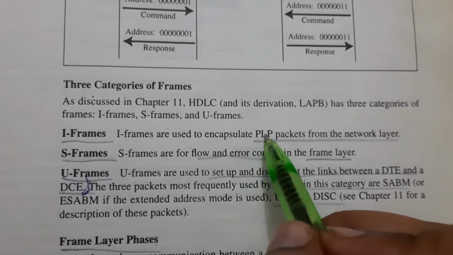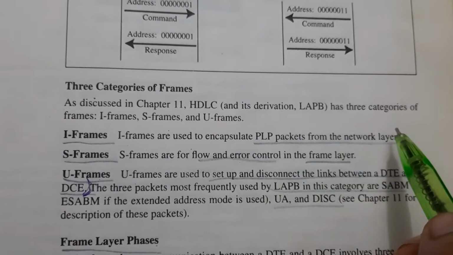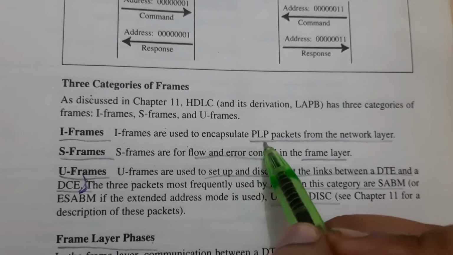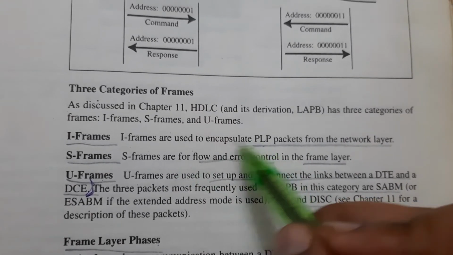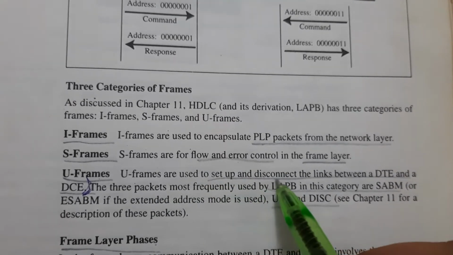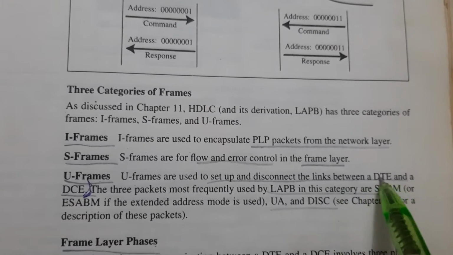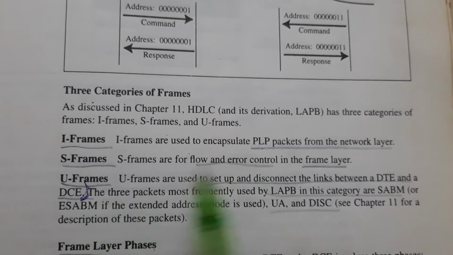I frames are used to encapsulate the PLP packet from the network layer, that is the packet layer and upper layers. S frames are for flow and error control, and U frames are used to set up and disconnect the links between DTE and DCE.